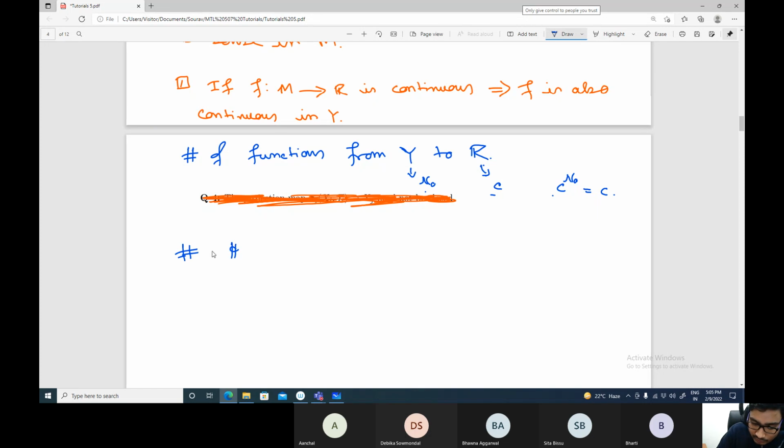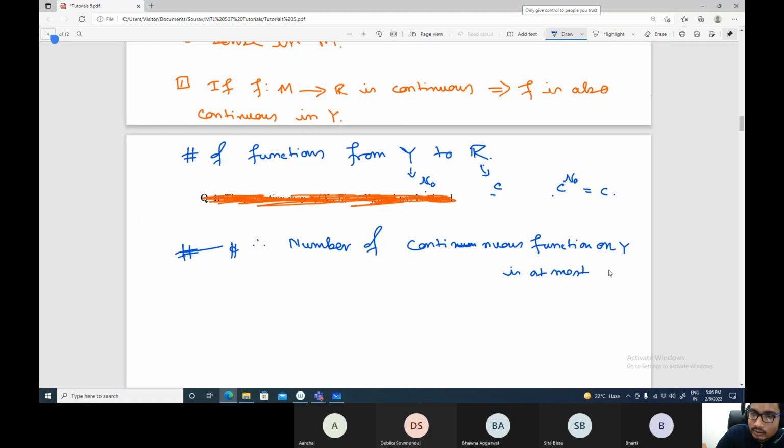Therefore, the number of continuous functions will be at most C. This is the total number of functions, and out of those some of the functions are continuous, because not all functions are continuous. So the number of continuous functions on Y is at most C, right?